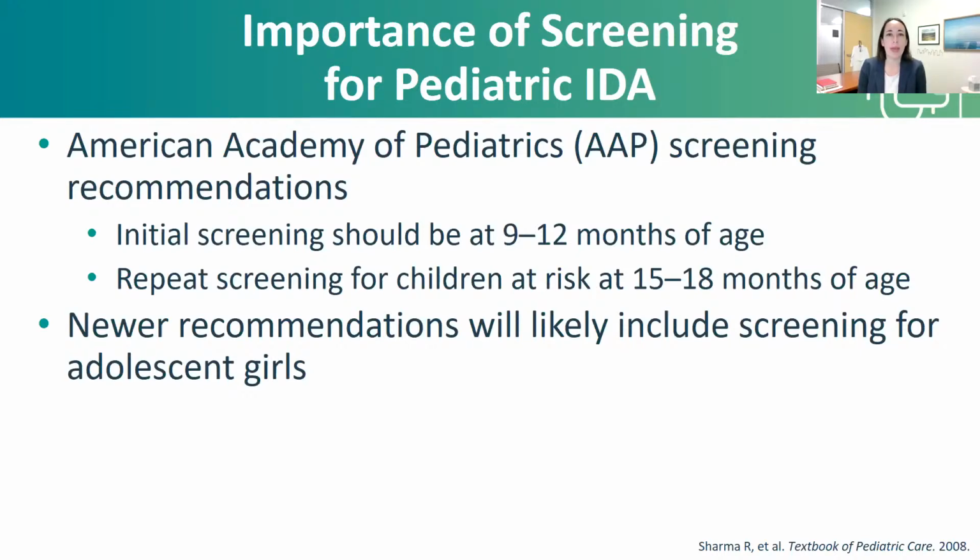It will likely recommend repeat screening for high-risk children, those who have been fortified with iron through formula during the first year of life and then switch over to drinking cow milk, who are at higher risk at 15 to 18 months. And the newer recommendations will likely include screening for adolescent girls as well, the other high-risk group in pediatrics.